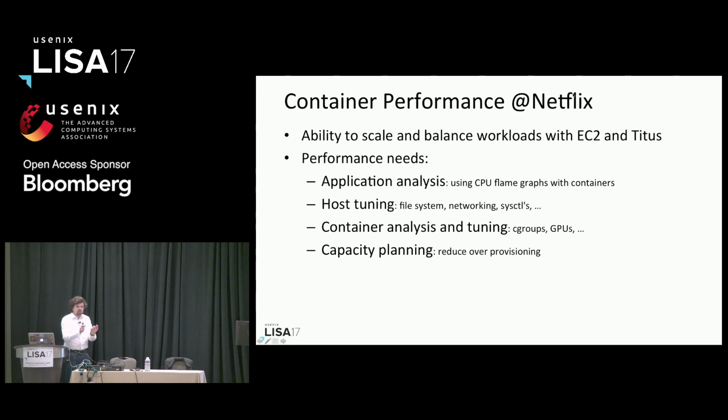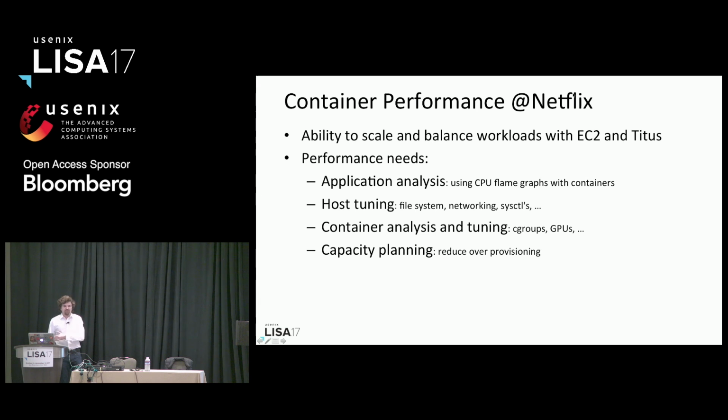The actual needs we have for container performance analysis include getting application analysis to work. Like I said, this should work, but when you go and run the profilers within the containers, the profiler is not container aware, things explode, they core dump, and we need to get them to work. Host tuning. How are things different now that we're on containers? How do we set up the file system?